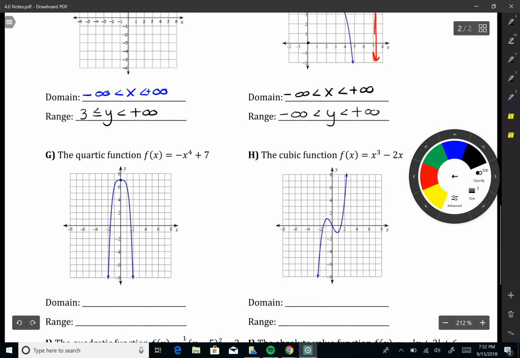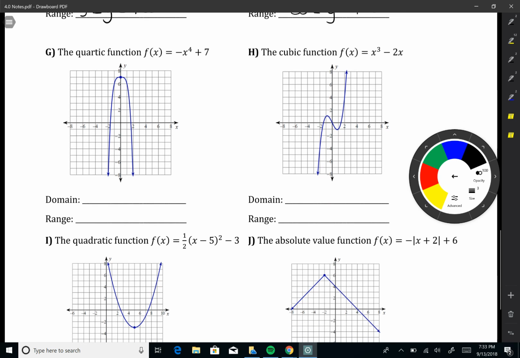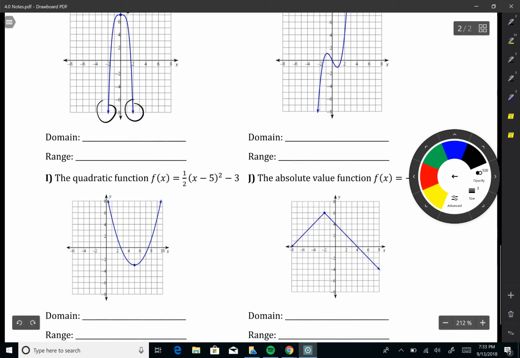All right, let's look at this quartic function, a degree 4 function. F of x equals negative x to the 4th plus 7. I'm going to speed up a little bit because these are starting to look pretty familiar. This looks kind of like a parabola, just a little flatter at the top. I see I have a maximum point, so that's going to affect my range. However, I have arrows on both ends, so whenever we see that, our domain is going to go on forever in both directions.